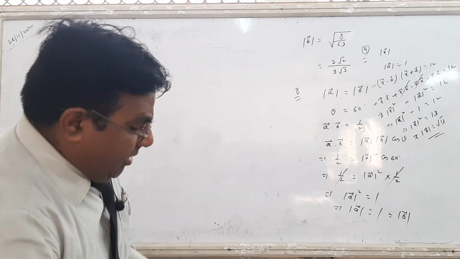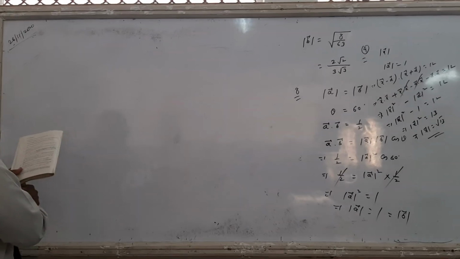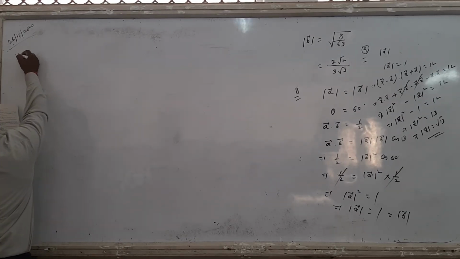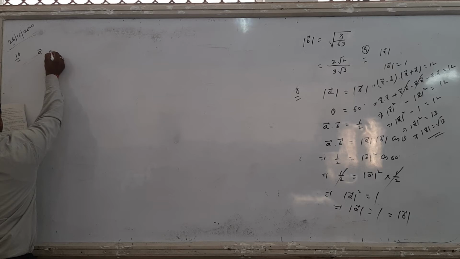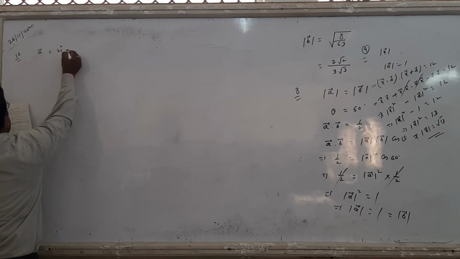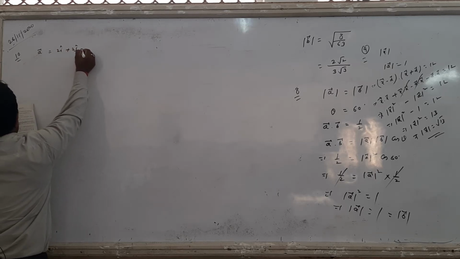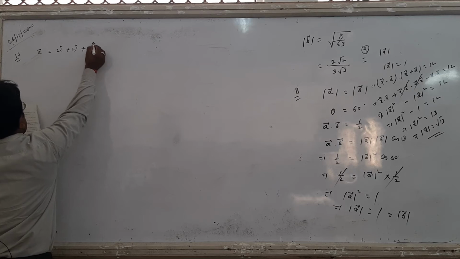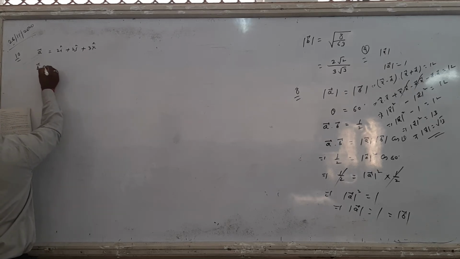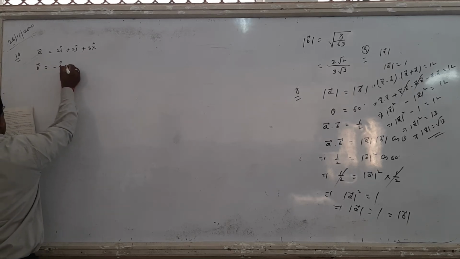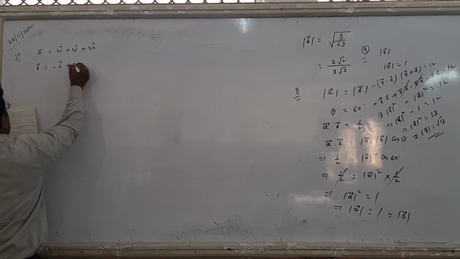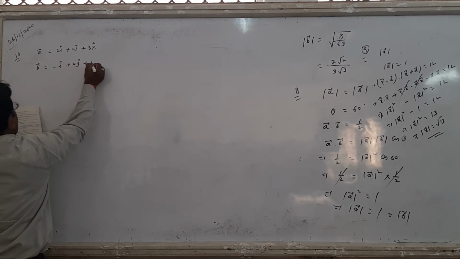So now look here, question number 10. Vector a is given as 2i cap plus 2j cap plus 3k cap. Vector b is given as minus i cap plus 2j cap plus k cap.